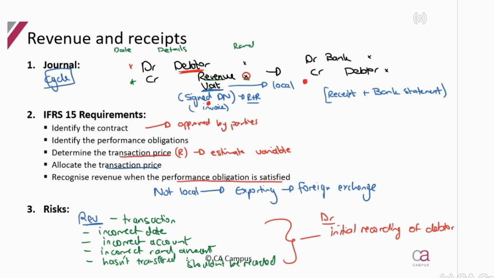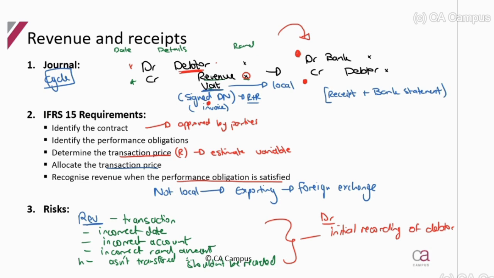transaction. So where the additional risks come in is ultimately from the subsequent journal, and the risk that this actually doesn't even happen, in which case this debtor that was raised initially for this revenue transaction can't continue to have that balance at year end because it may not actually be recoverable.